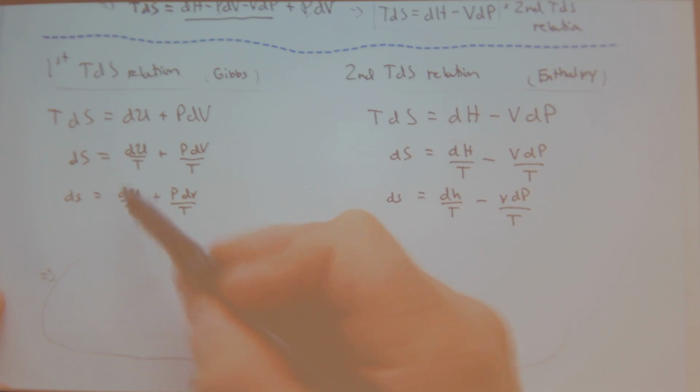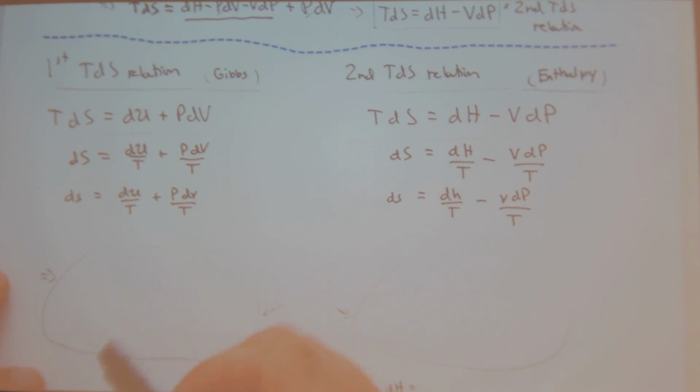One is per unit mass and the other isn't. So delta small s is equal to what?